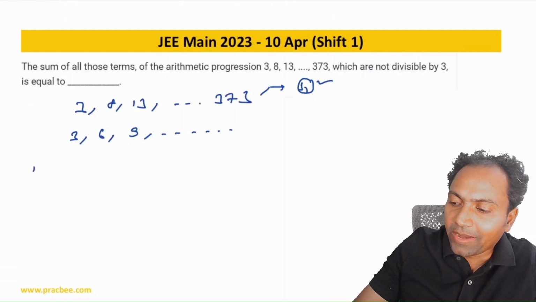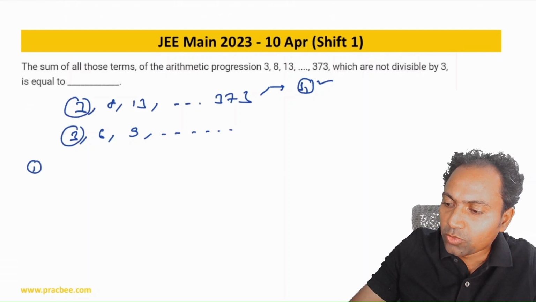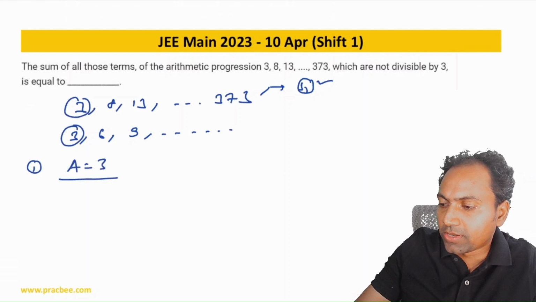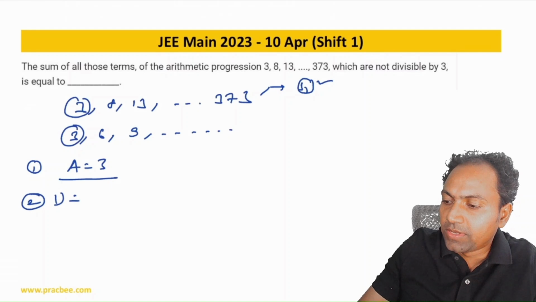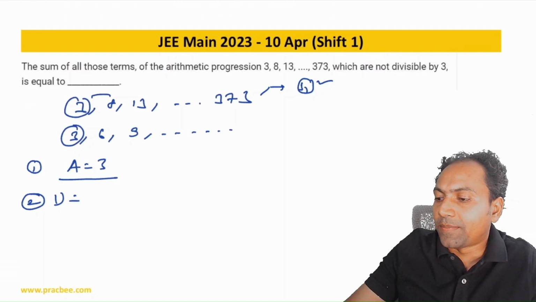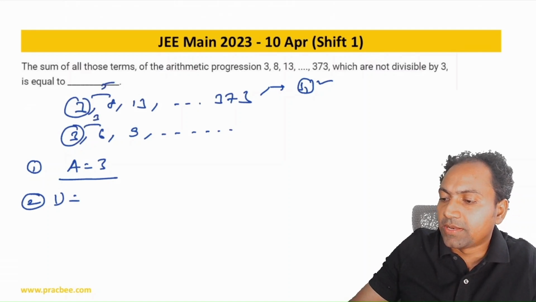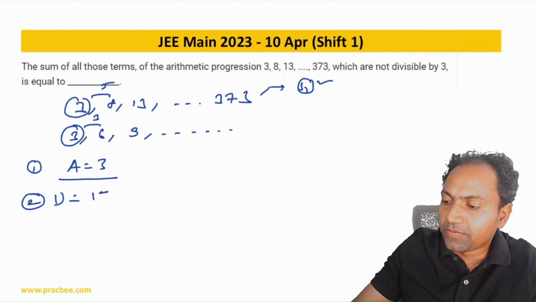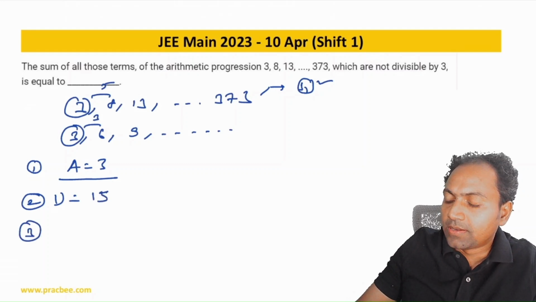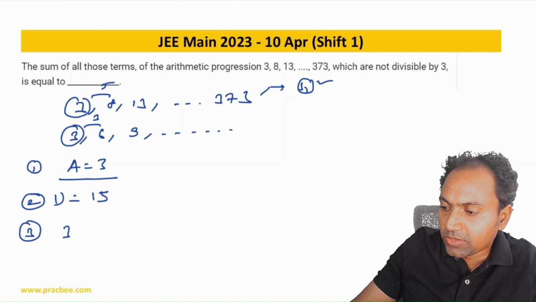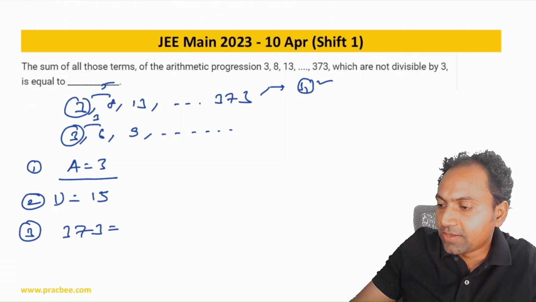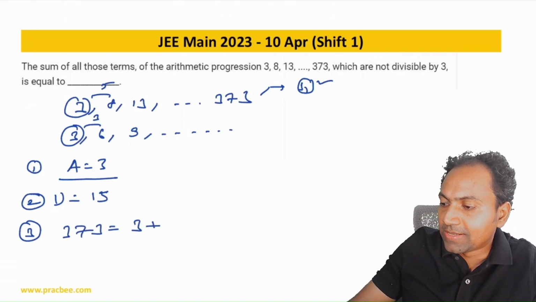So for that, we will have to find our first common term, that comes out to be 3 only. So A is sorted. Second, we'll find the value of D. Now we can see that here the common difference is 5, here it is 3. So my D becomes 15. And third, if I want to find the total number of terms, it can be found as 373 is equal to 3, that is A, plus n minus 1 into 15.